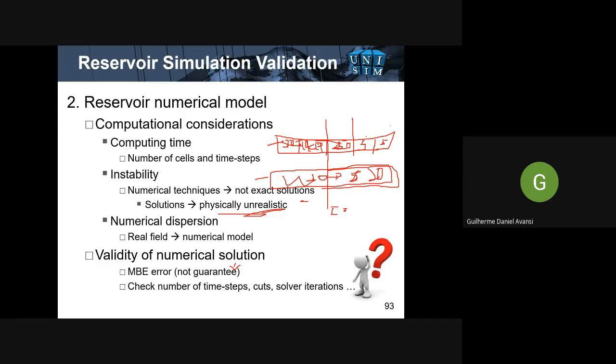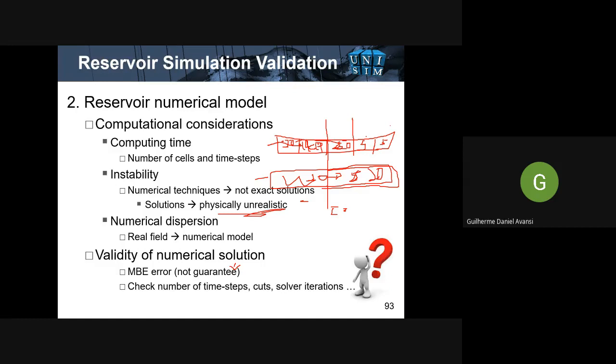Number of time steps: we are solving all the nonlinear equations, so what is the number of time steps I need in order to solve all the equations for the total simulation time? This number is very good for checking the consistency of the numerical model.